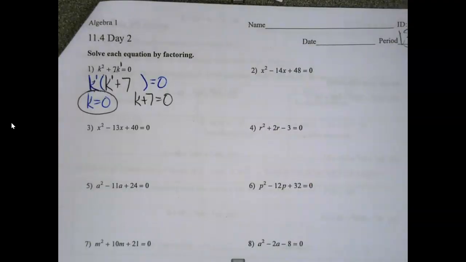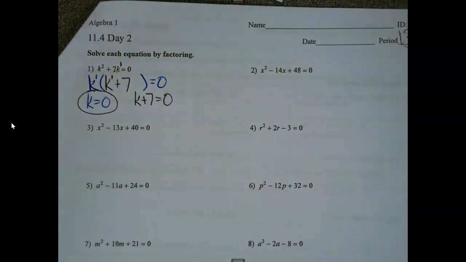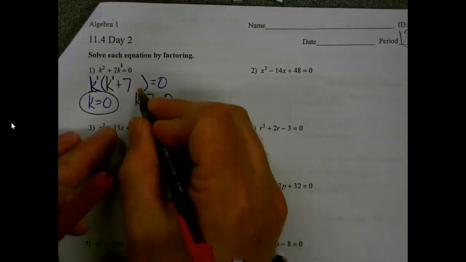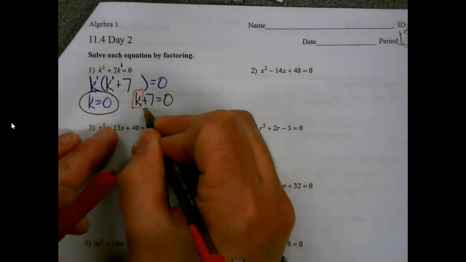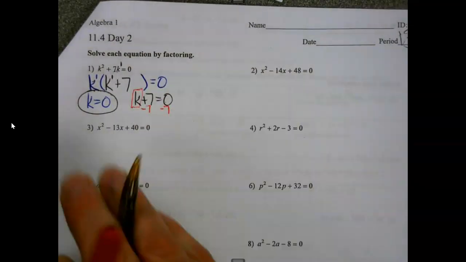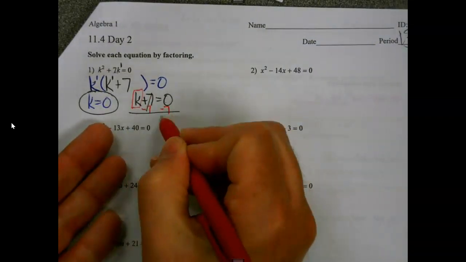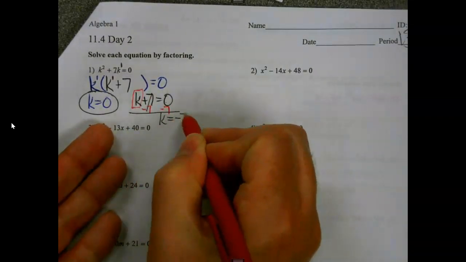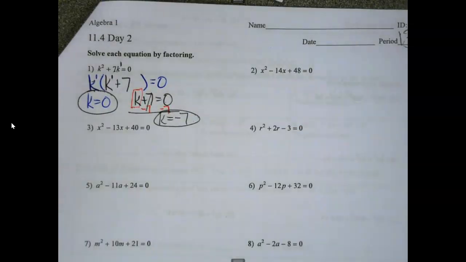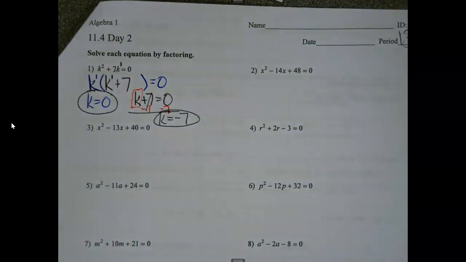If it's already equals and K is by itself, we're done. We're good. We're set. But if not, we take a moment to solve that one. Simple equation. We're done.